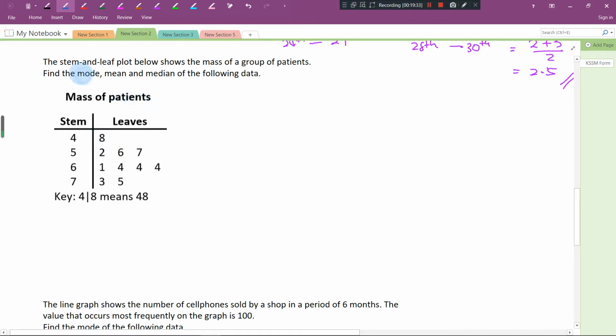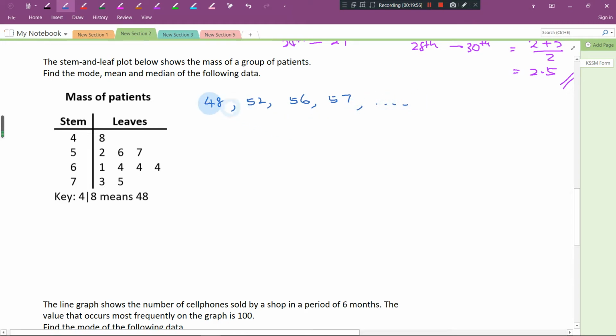Okay, so now find the mode, mean, and median of the data. If you find it hard to determine the mode, mean, and median, you can actually write it this way: 48, 52, 56, 57, and so on.